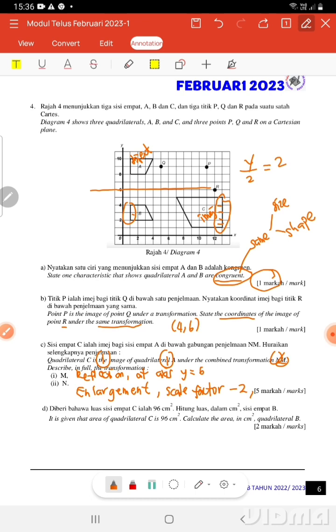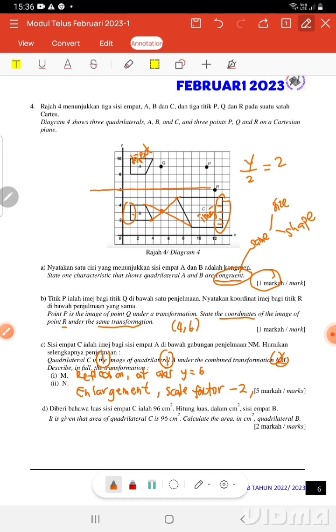Then again, you have to find the center. We know from here, getting bigger to here. So make a line. From here, getting bigger to here. So make another line. Just see the intersection.